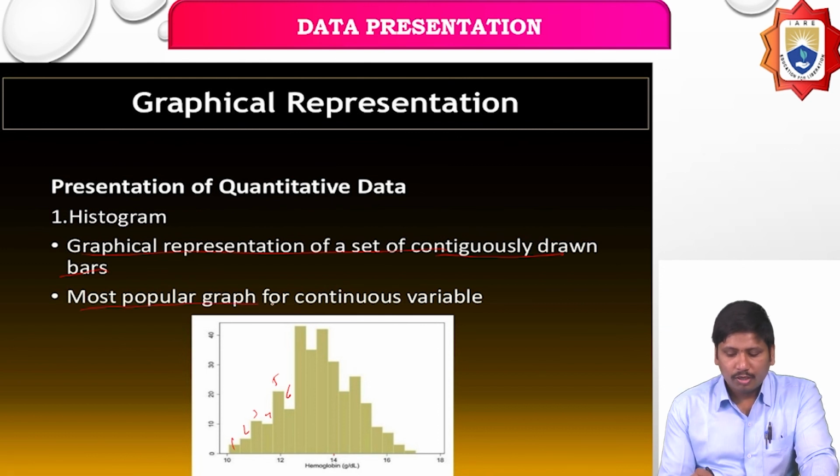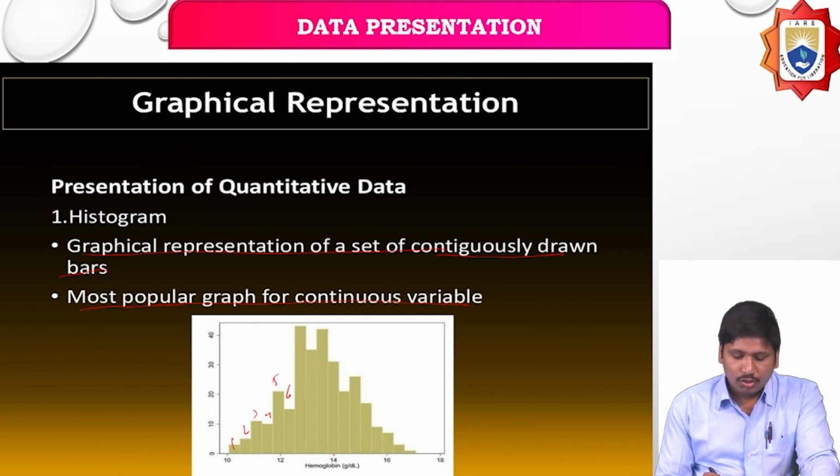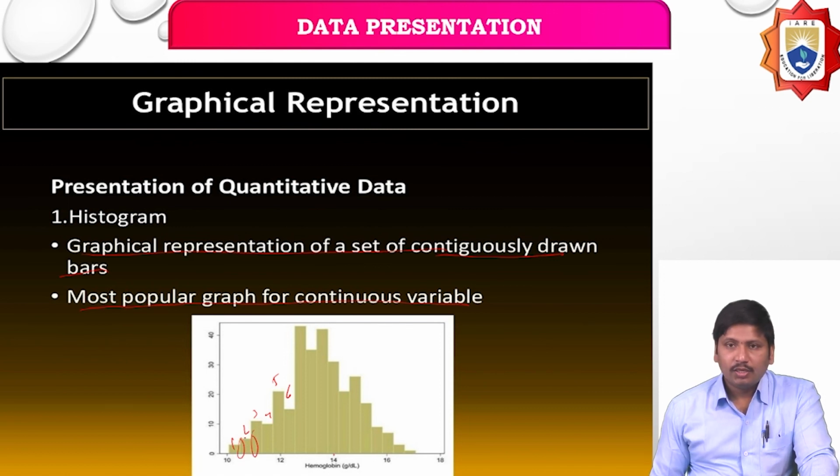The histogram is the most popular graph for a continuous variable. If I want to represent quantitative data for a continuous variable, I have to make use of the histogram, where you represent the data one after the other without any spacing between the bars.